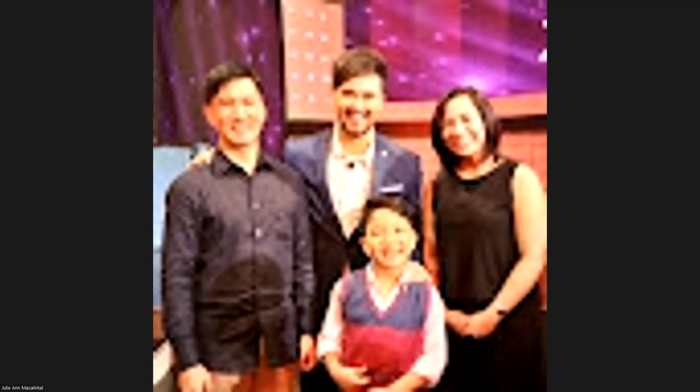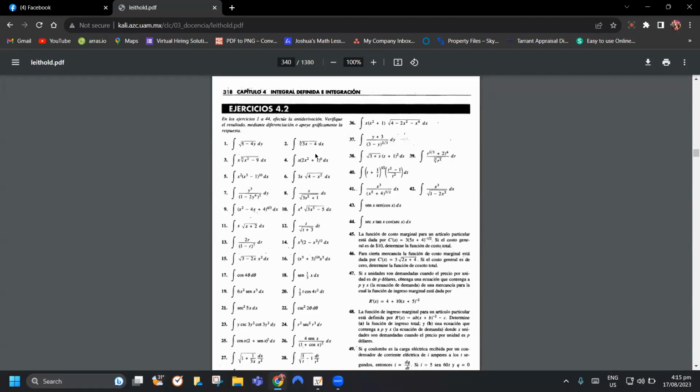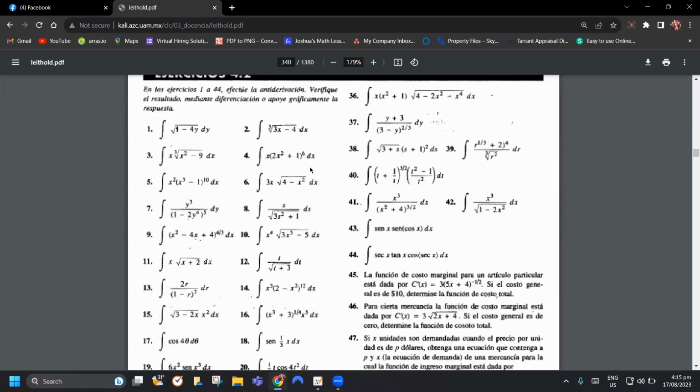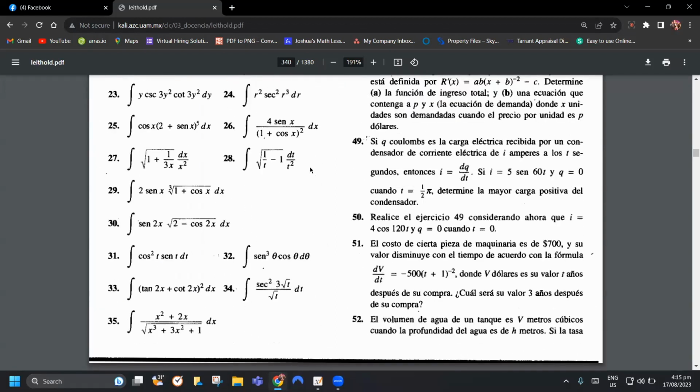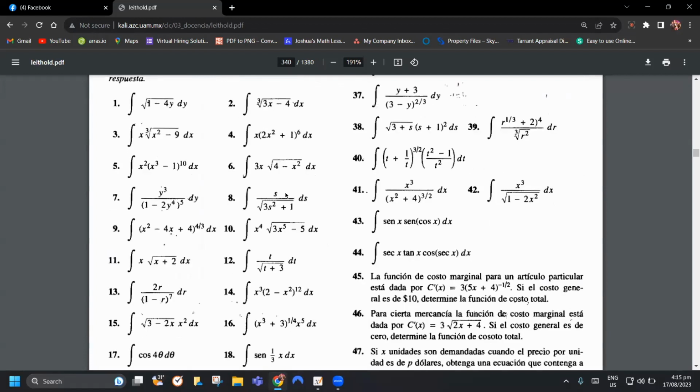Exercise 19. Yeah. So in exercise 19 through 24, y equals f of x and x equals f inverse of y. Verify that dx dy is 1 over dy dx.